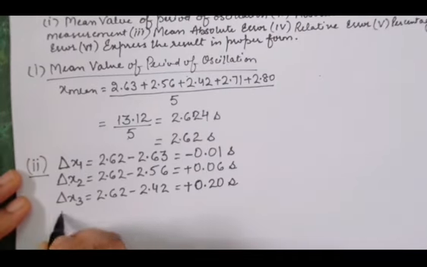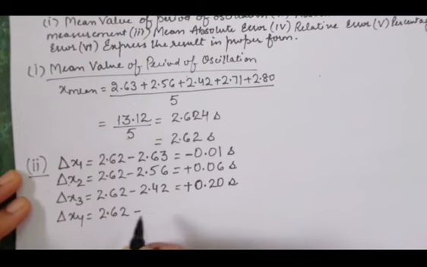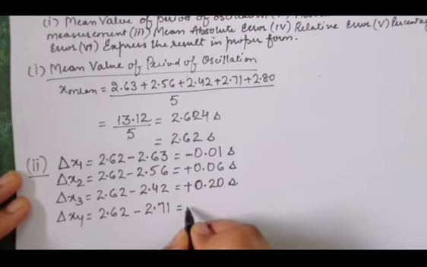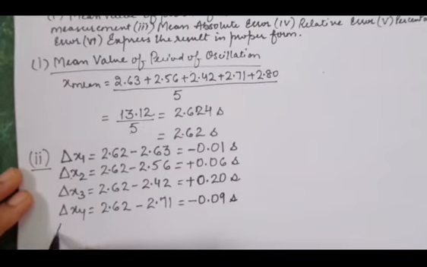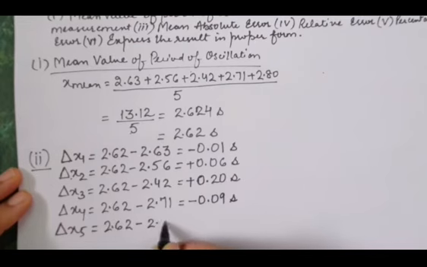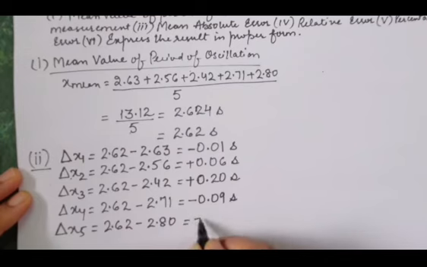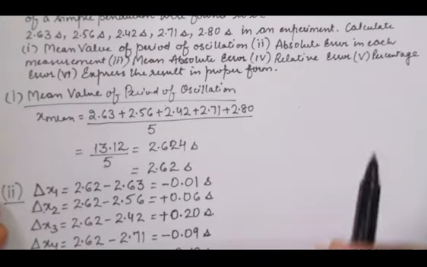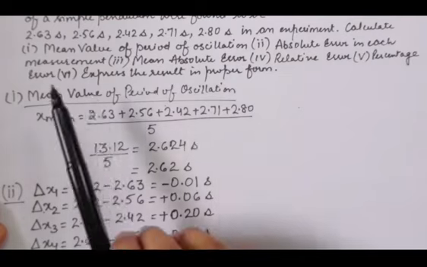Similarly, the absolute error in the fourth reading will be 2.62 minus 2.71. It comes out to be minus 0.09 seconds. And the absolute error in the fifth reading will be 2.62 minus 2.80. This is minus 0.18 seconds.